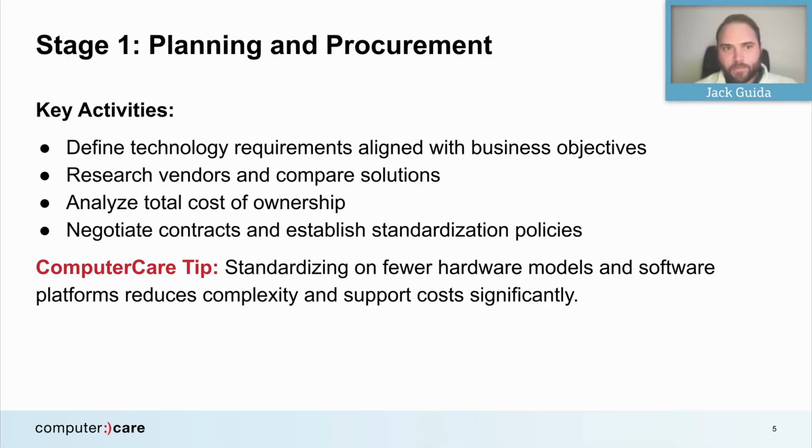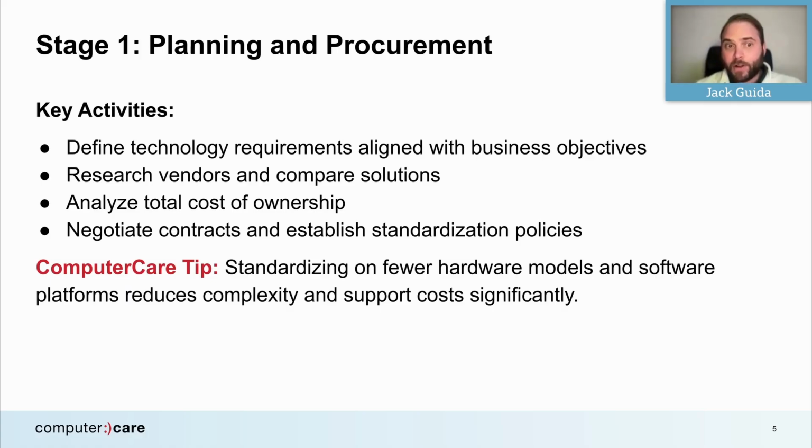For stage one, planning and procurement, the first step is to define technology requirements and align them with the business objectives. So, which roles are you hiring and which spec or which OEM do you want to procure to suit that role? You're then going to research vendors and compare different solutions that they have.